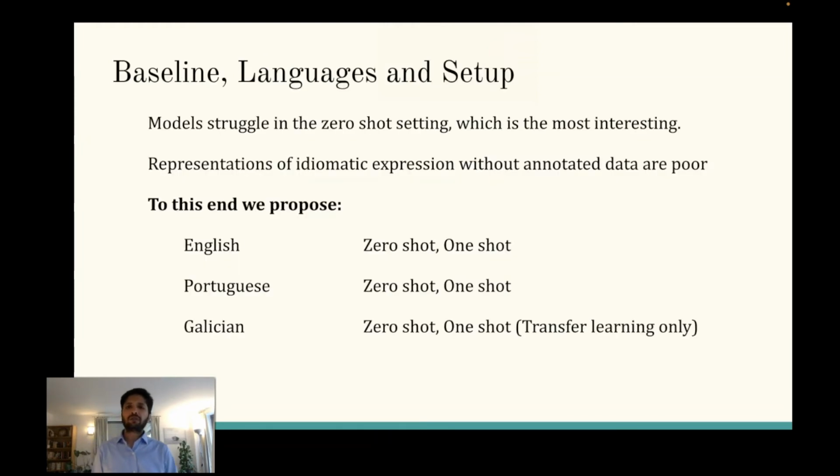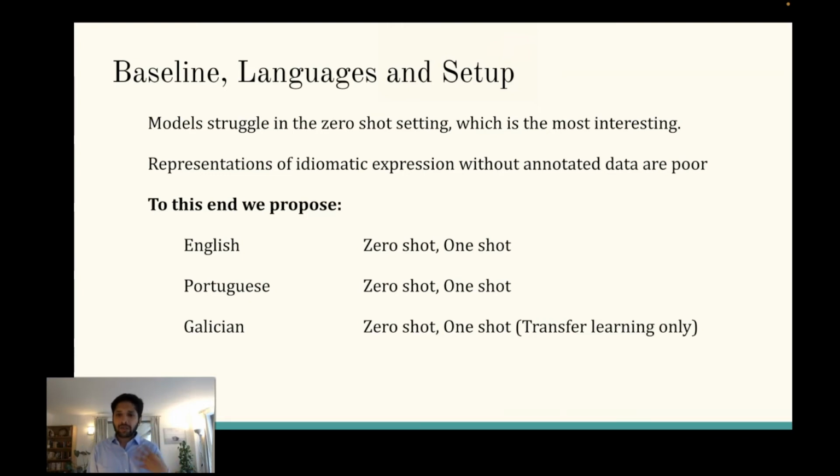Prior work found that models in general struggle in the zero-shot setting, and that therefore this ability to generalize to new idioms that have previously not been seen is the most interesting. Representation of idiomatic expressions without annotated data is yet another problem.